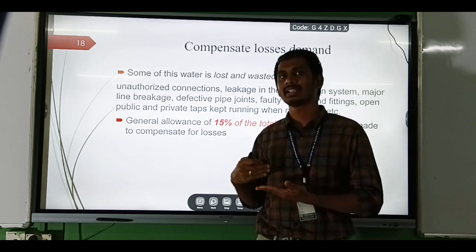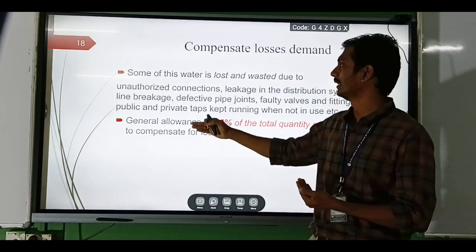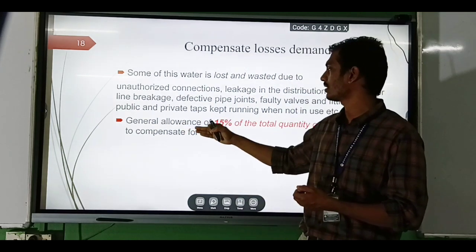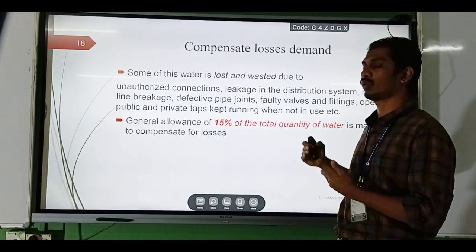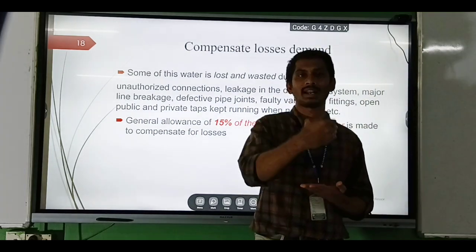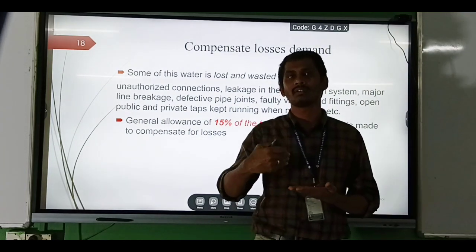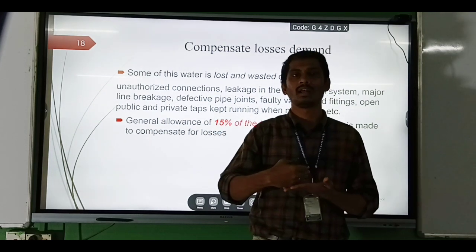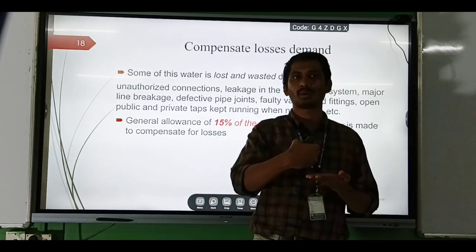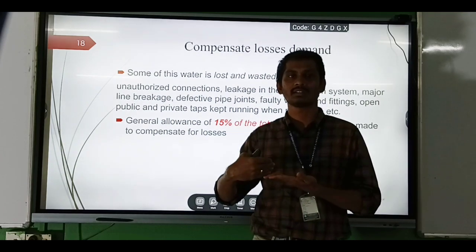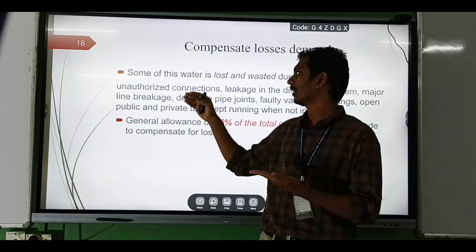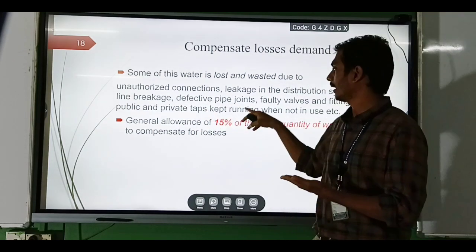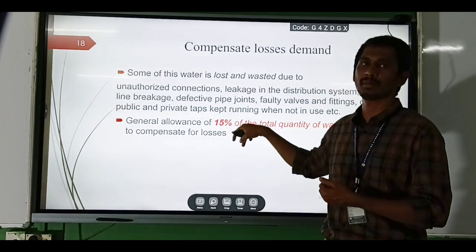So in the design, they provide an allowance of 15% of the total quantity. For example, if you want to provide 100 liters, in addition we provide an add-on of nearly 15 liters extra. So if we need 100, we will provide nearly 115 liters. If there are any losses, they will be compensated within these 15%.